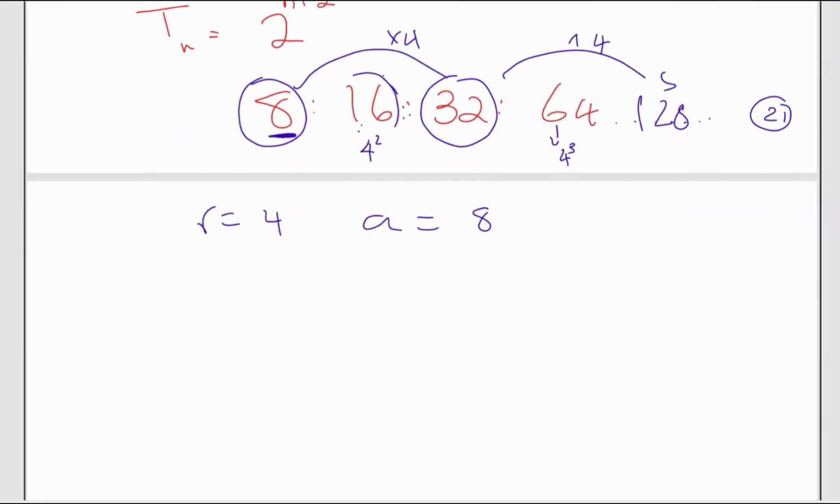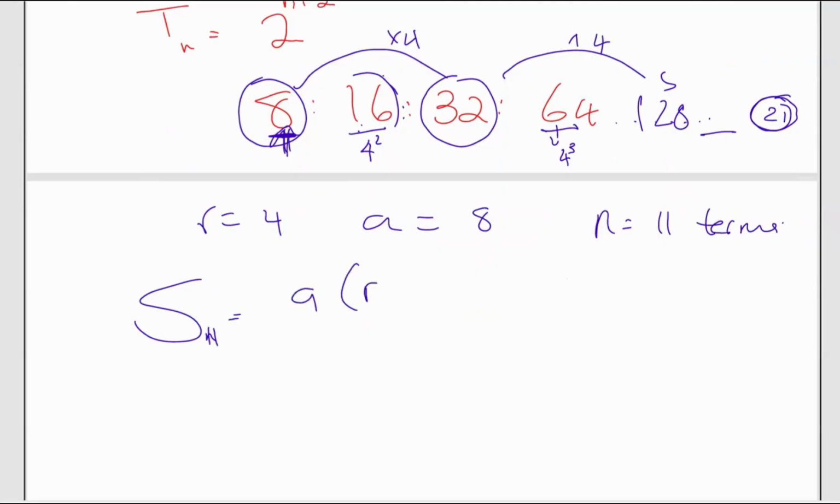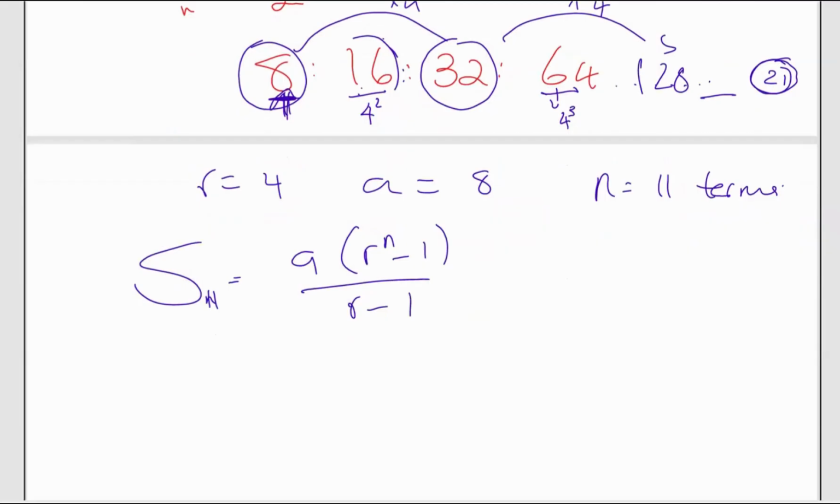But then how many terms are they? Now, since they are 21, and whatever we are interested in is the first, meaning that we're going to have 11 terms overall. These ones that are powers of 4 are going to be 10. Okay, so let's get the sum of a geometric series. So sum of the first 11, so a into r to the n minus 1 over r minus 1. Let's substitute that.